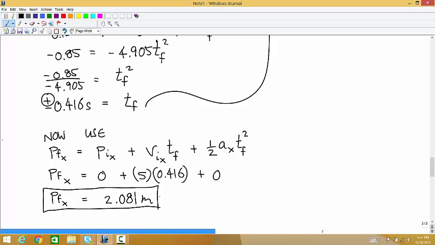So if you mark off 2.081 meters from the cup, and you go exactly 5 meters per second and release the ball from exactly 1 meter high, it should go right into the cup.